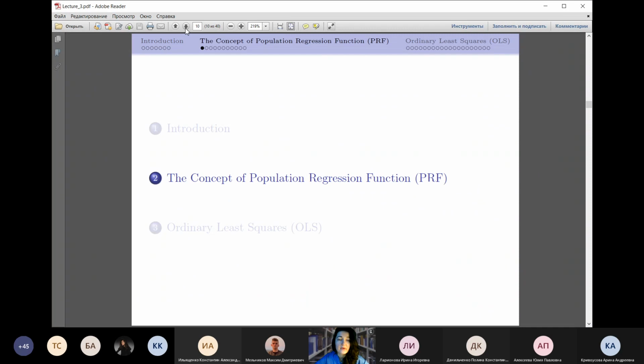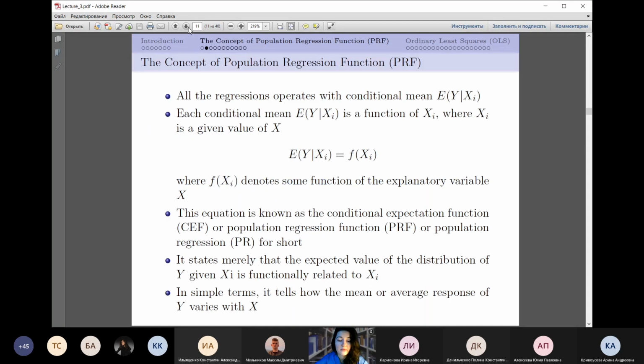Okay. And also we need to start our discussion about simple regression analysis or linear regression analysis with the concept of population regression function and the concept of sample regression function. What is the difference and what does it mean? First of all, you need to understand that expected value is a key concept in regression analysis.